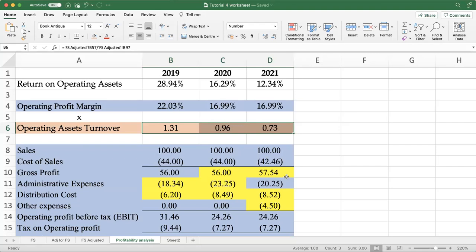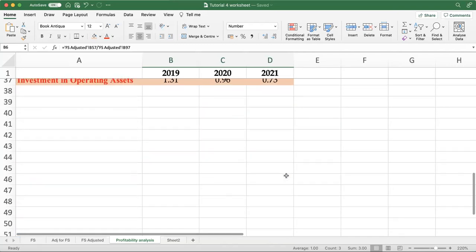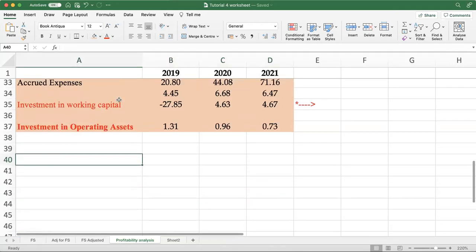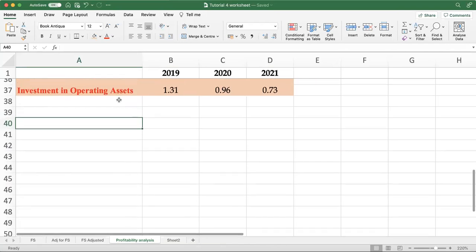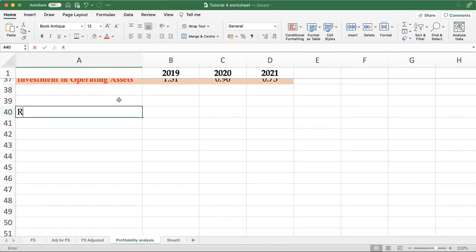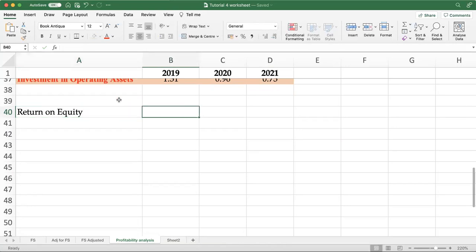Right. Then we'll analyze ROE, return on equity. You can remember, we studied ROE analysis. First calculate ROE, return on equity: net income divided by total equity.